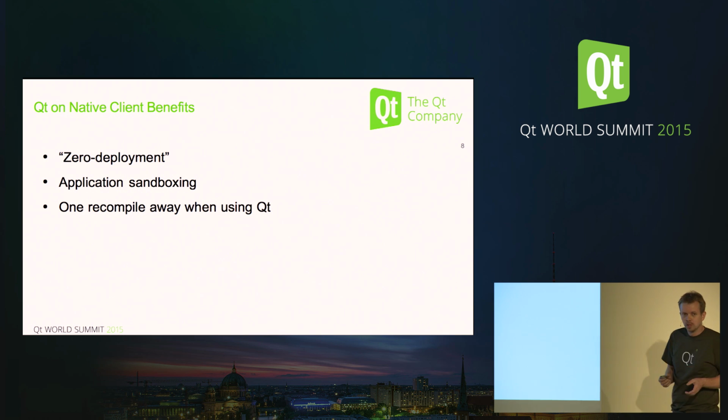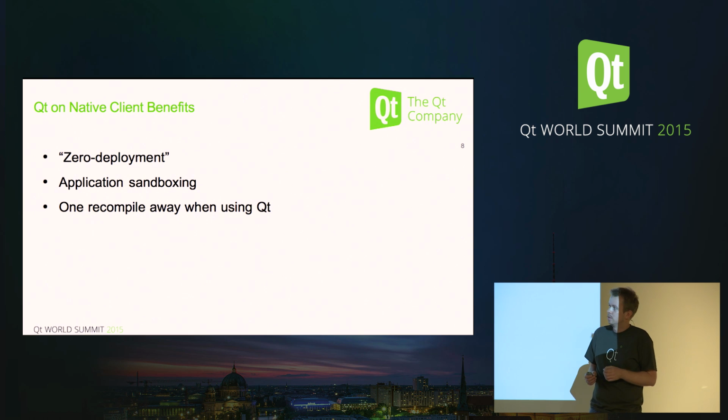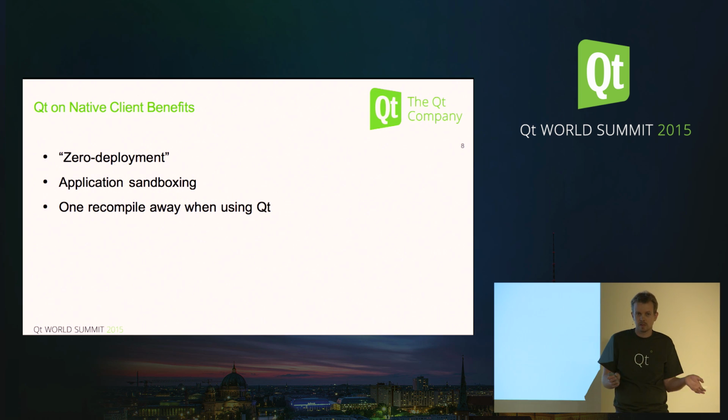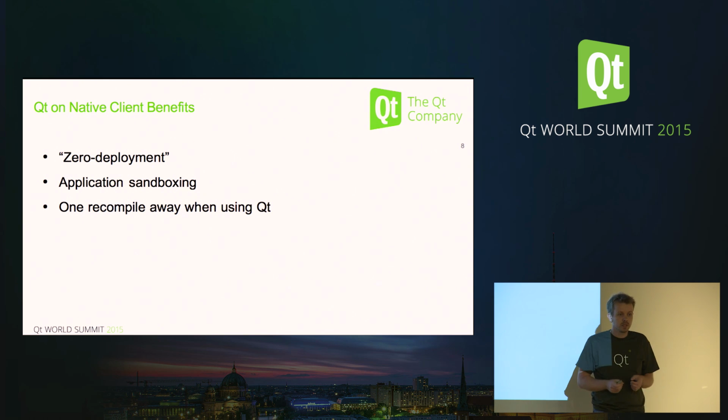So the benefits of Qt on native client, as I see them, I mean, why should we try this? Why should we bother? Is that we can get to kind of having 0 deployment applications. So you can upload your application to some server somewhere, and then the user can run your application immediately. So there's no App Store approval step. There's no install step on the user side. We also have application sandboxing.